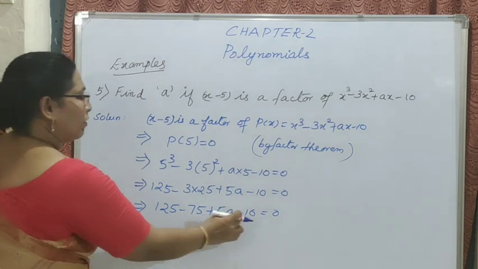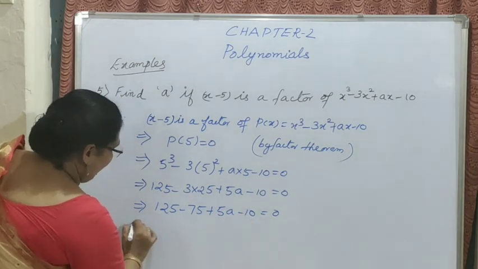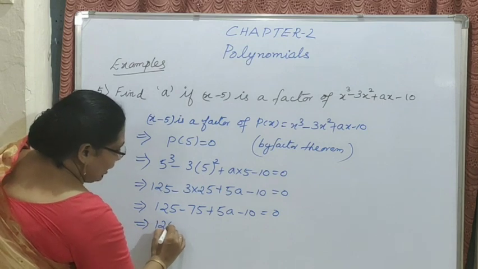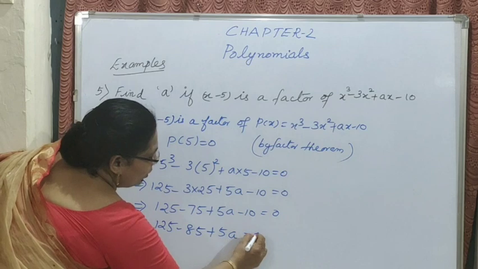So minus 75 plus 10, minus 10. What is the answer? Minus 85. So 125 minus 85 plus 5a equal to 0.